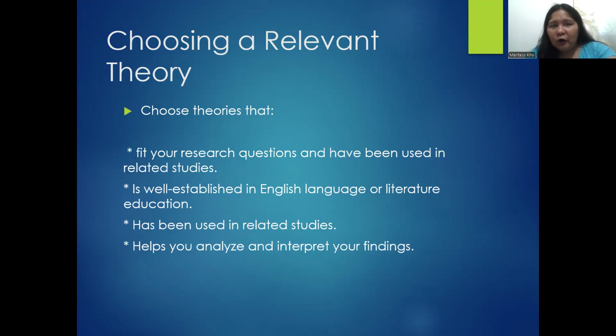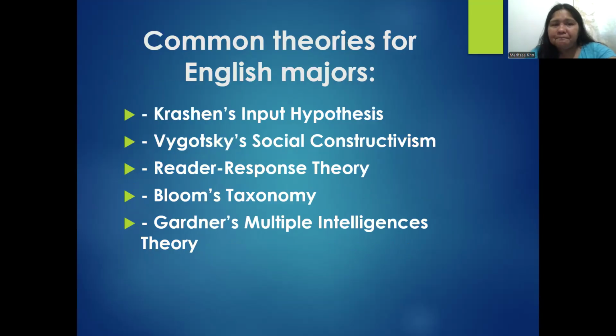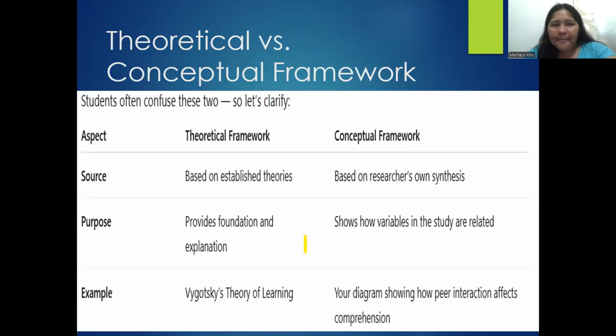Okay, so the common theories would be Krashen's input hypothesis, Vygotsky's social constructivism, reader response theory, Bloom's taxonomy, Gardner's multiple intelligences theory, and many others that are recognized language theories.